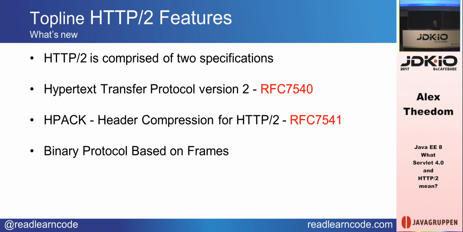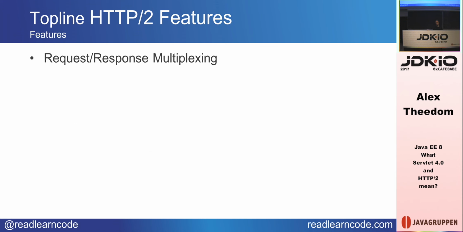And most importantly of all, the reason why this is all possible over a single TCP connection is because it's a binary protocol. Okay? It's binary, it's not text, it's binary. Now that means a lot of different things, and we're going to have a look at some of what that means coming up right now. So, you've got a single connection, you're going to have request and response multiplexing.